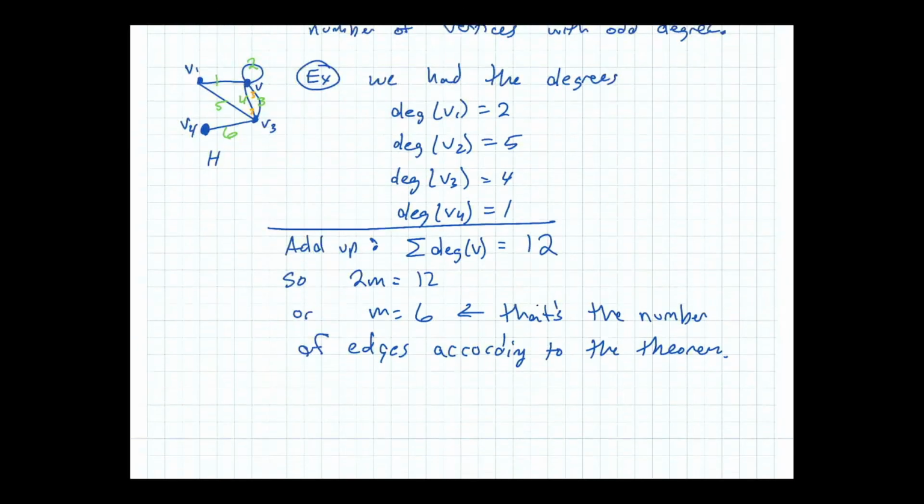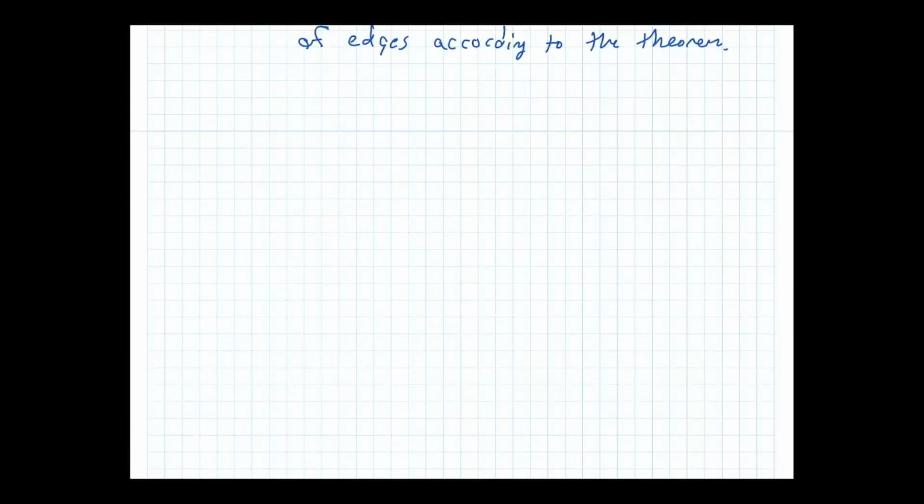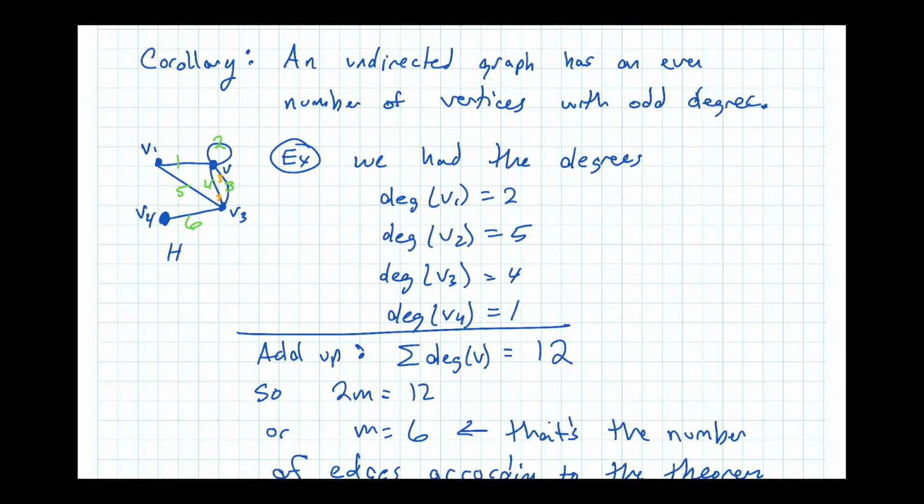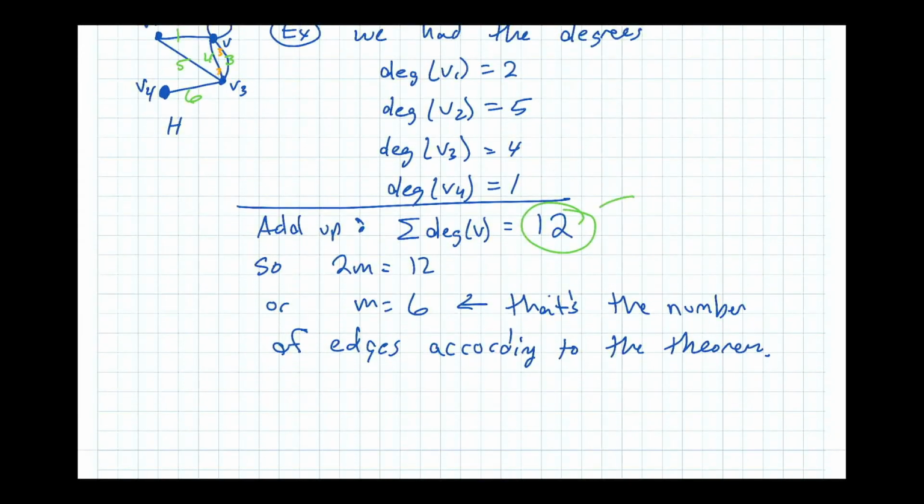Now, what that means is that you can't have certain degree sequences, because the result, when you add this up, has to be even, right? This will always be even, because it has to be twice the number of edges.